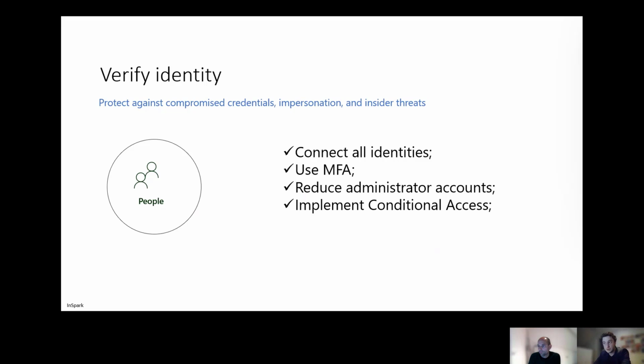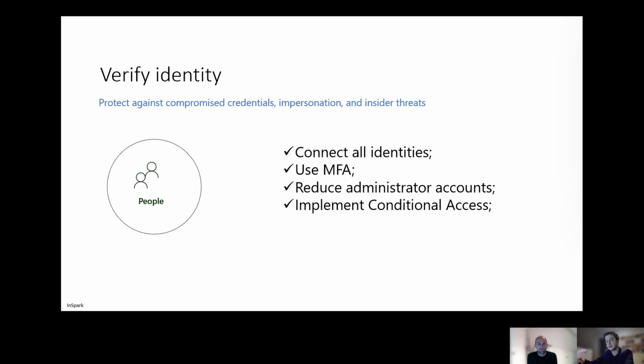On the other hand, it's important to reduce administrator accounts. Besides the fact that administrator accounts should always be protected with MFA, there is only one exception when you don't protect them, and that's when you're using a break the glass account. But make sure you have as few admins as possible, and don't over-apply admin rights.